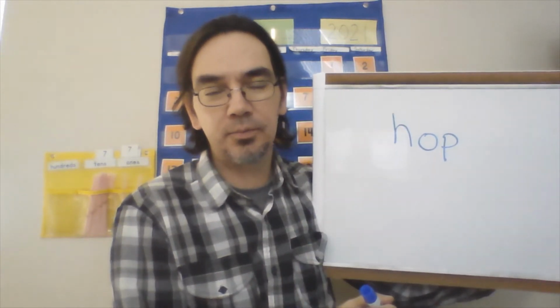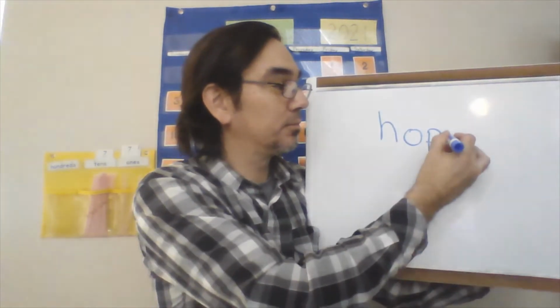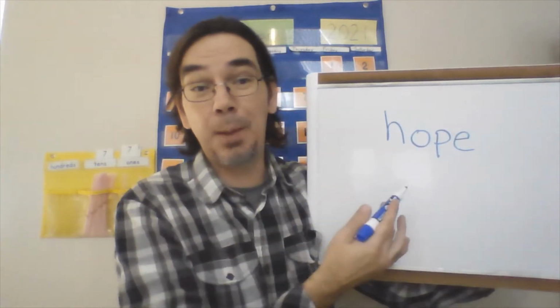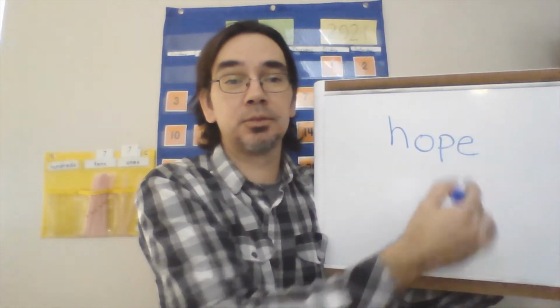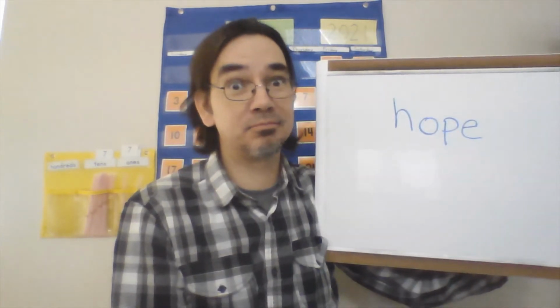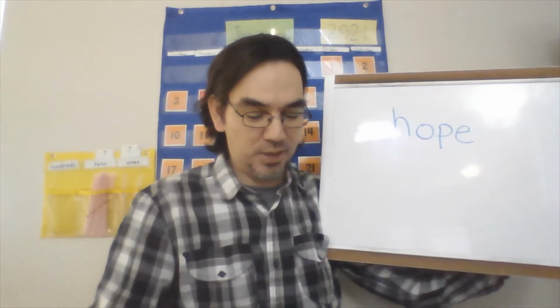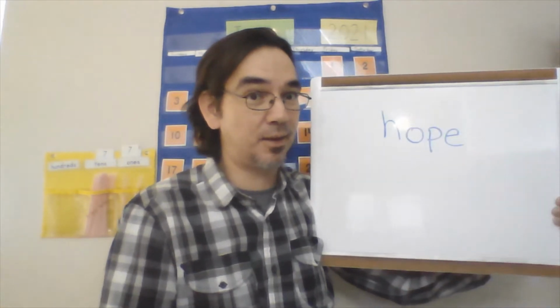Now watch what happens when I add that E. Is it hop anymore? No, because this E makes this O say its name. Now it becomes hope. Hop becomes hope with a silent E. See that? Pretty fantastic, huh?